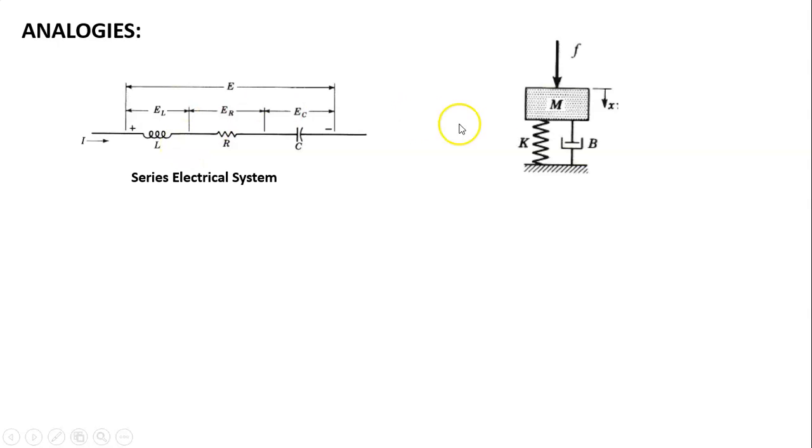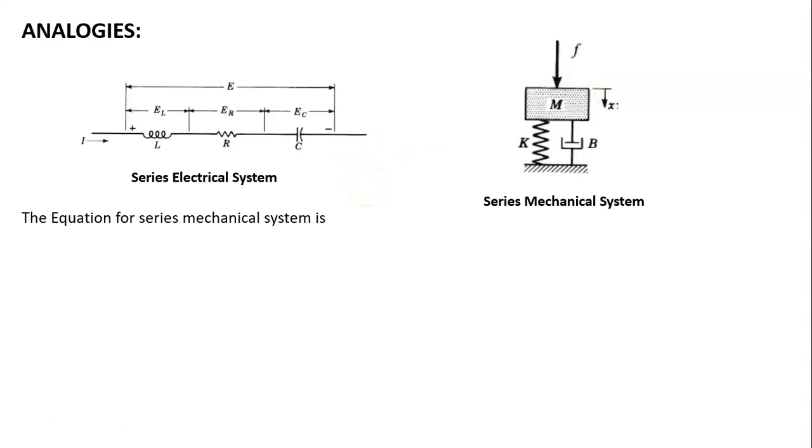Afterwards, we have seen series mechanical system in which mass M is in series with spring K and damper B and a force F acts above the mass M. Therefore, the equation for series mechanical system is, we have seen directly, I will write here, F is equal to (MD square plus BD plus K) into x.